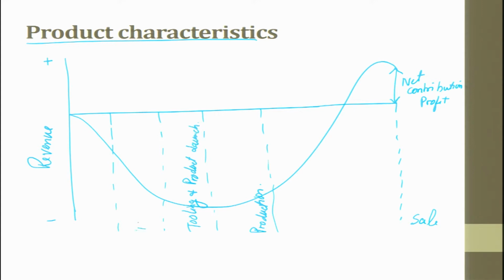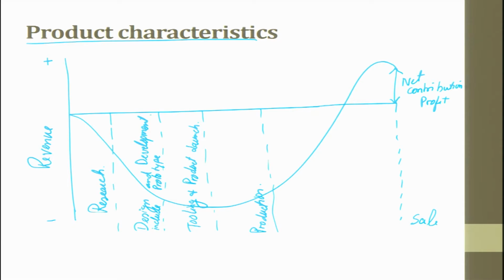Then you will invest in design and development. Here we include prototype also. Okay, this is going to be research. So, while we are doing research, we are going to invest money, and the steepness of the curve keeps growing.